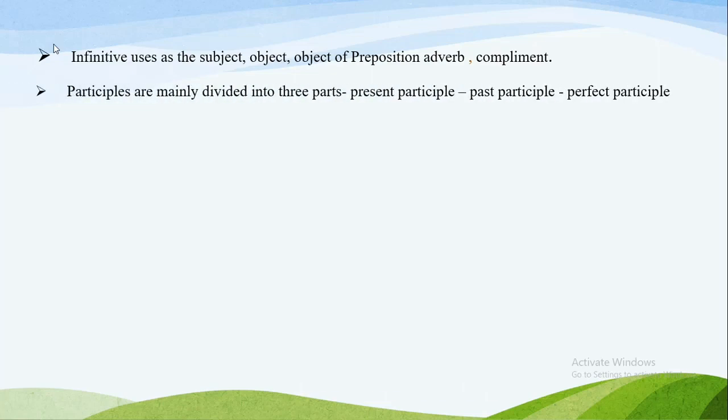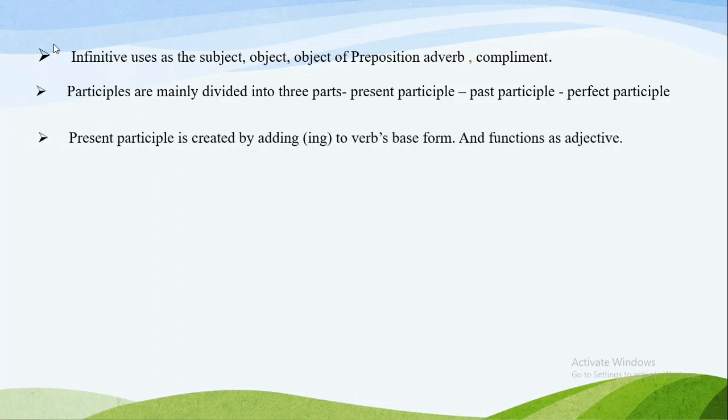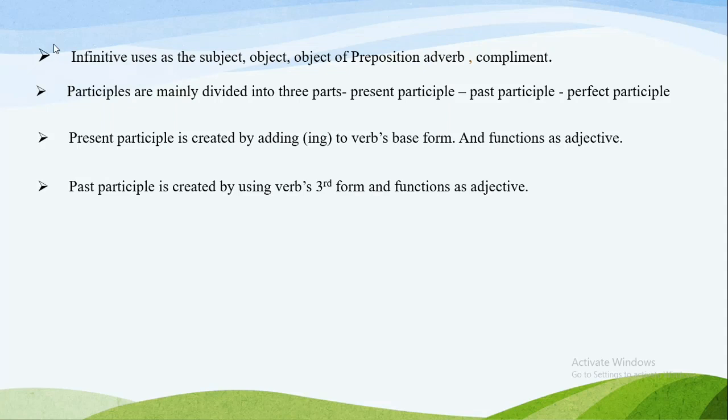Participles are mainly divided into three parts: present participle, past participle, perfect participle. Present participle is created by adding ing to verb's base form and functions as adjective. Past participle is created by using verb's third form and functions as adjective.